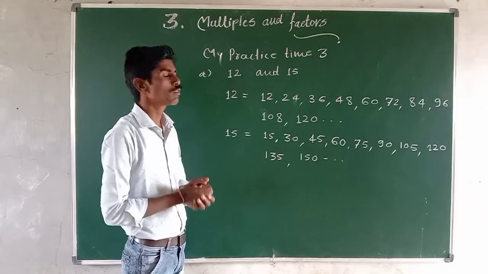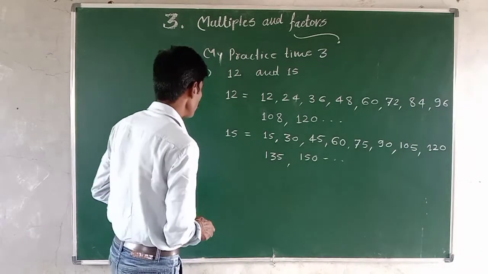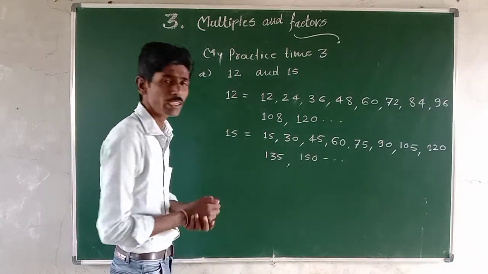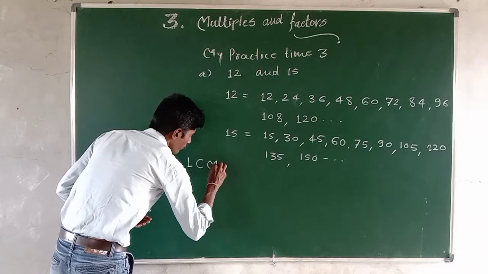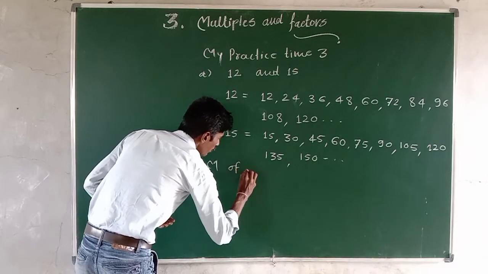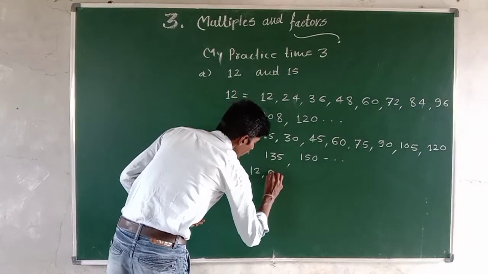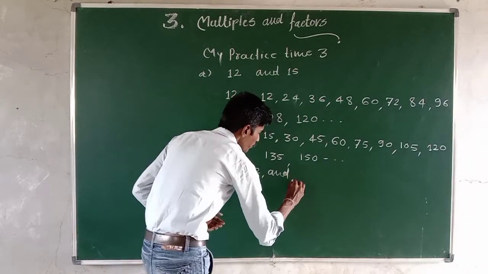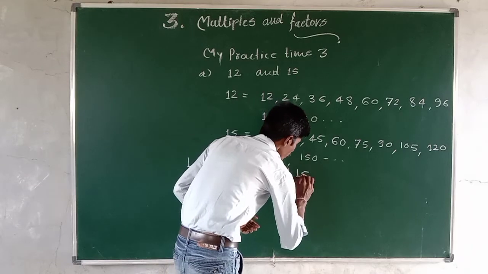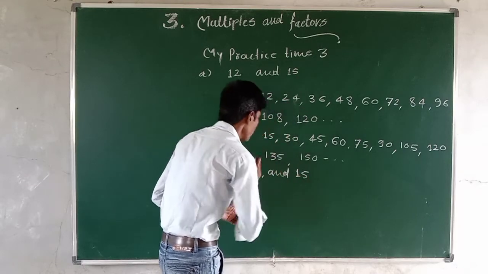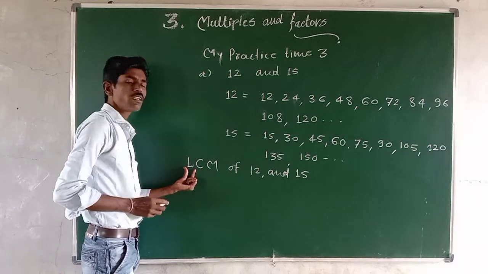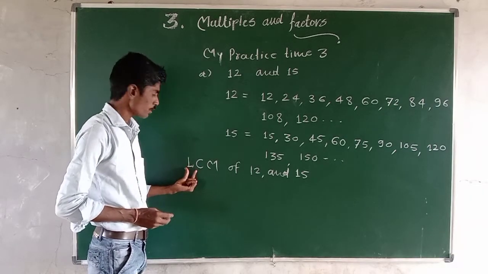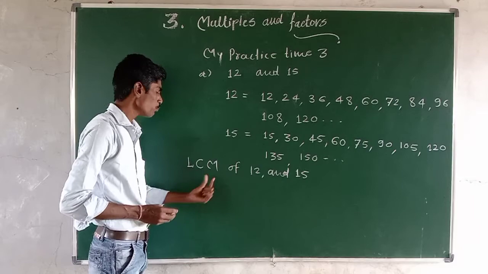Now we have to find the LCM. LCM is least common multiple. What do we mean by L C M? L means least, C common, M multiple.